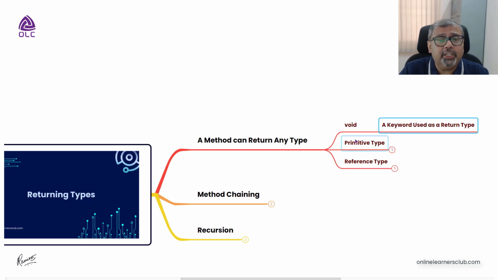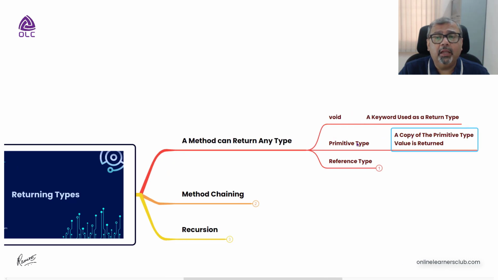In addition to this, a method can return a primitive type, where in this particular case, just like passing arguments by value, a copy of the primitive type value is returned to the calling method. This is very much important to understand, in line with the pass by value concept we have discussed.